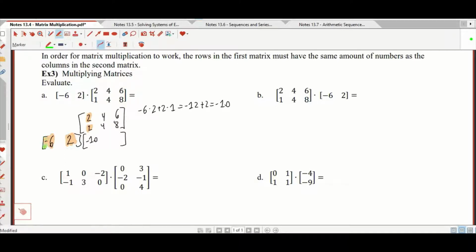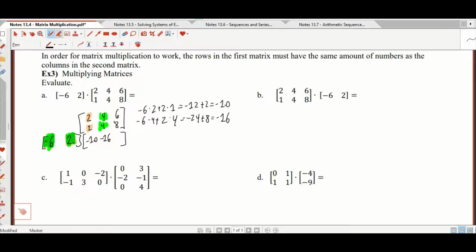And again, negative 6 times 4 plus 2 times 4 is negative 24 plus 8, which is negative 16.